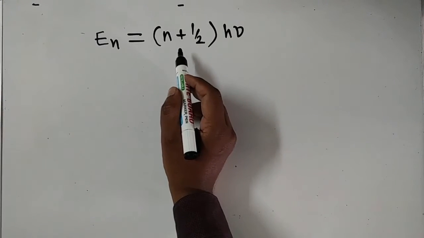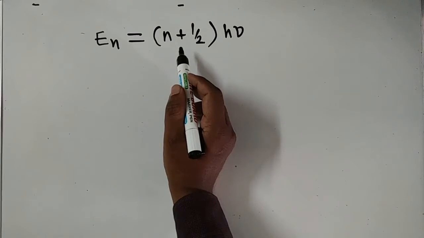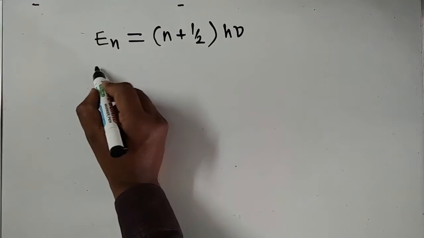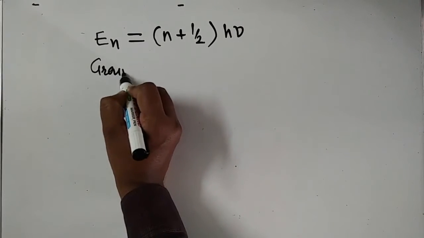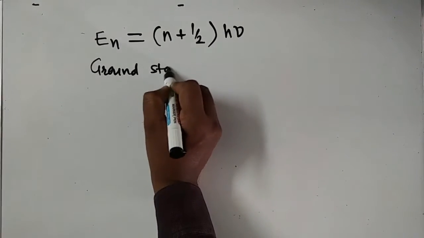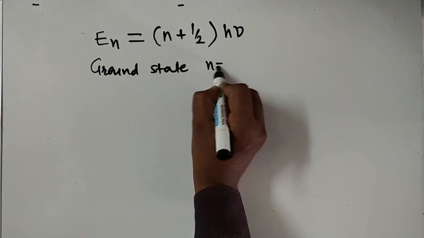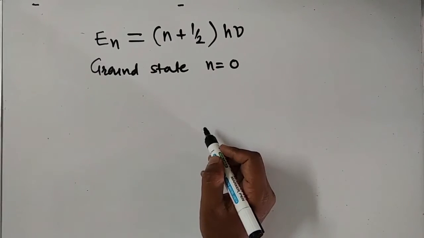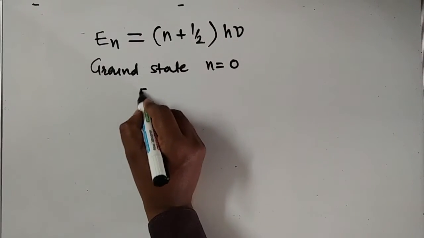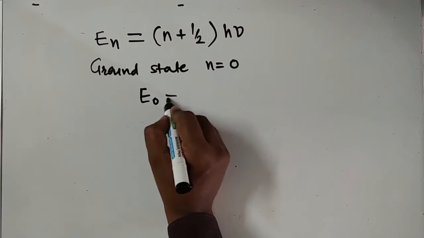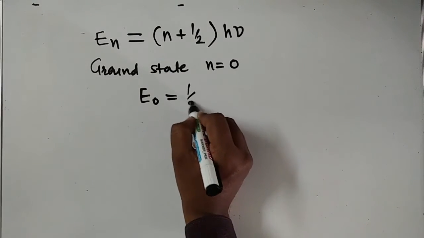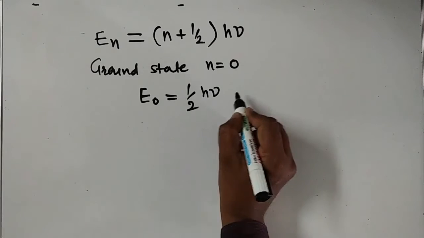So the ground state energy for the molecule is given by, so vibrational energy for ground state, the quantum number n will be equal to 0, and therefore ground state energy will be equal to E0, and that will be equal to, by putting the value 0 here, 1/2 h nu, right?